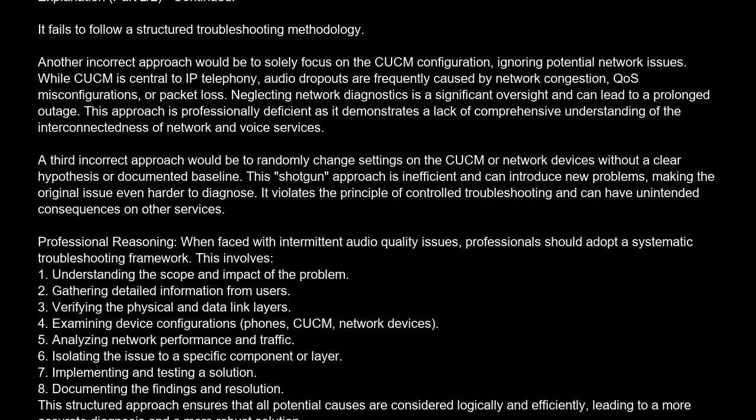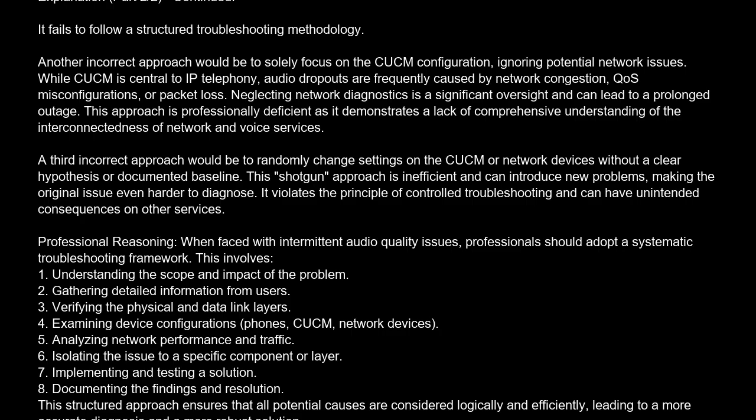Professional reasoning. When faced with intermittent audio quality issues, professionals should adopt a systematic troubleshooting framework. This involves: 1. Understanding the scope and impact of the problem, 2. Gathering detailed information from users, 3. Verifying the physical and data link layers, 4. Examining device configurations, phones, CUCM, network devices, 5.